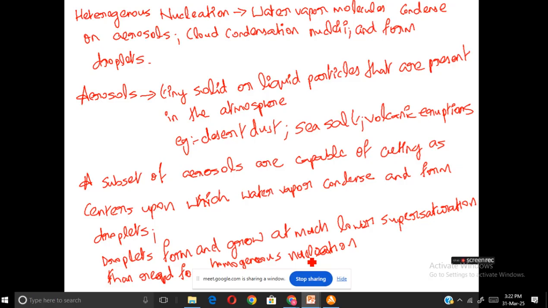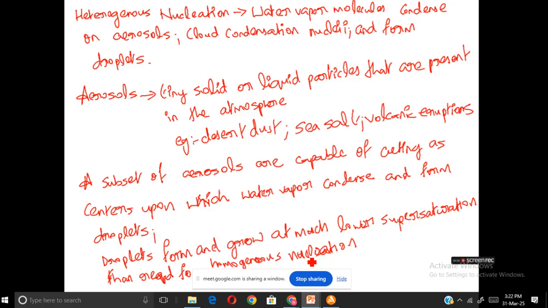In that case, the droplets need a very high level of supersaturation for their survival and formation. So generally in natural clouds, homogeneous nucleation of pure water doesn't actually occur, or the clouds don't form through homogeneous nucleation. Then how do they actually form?